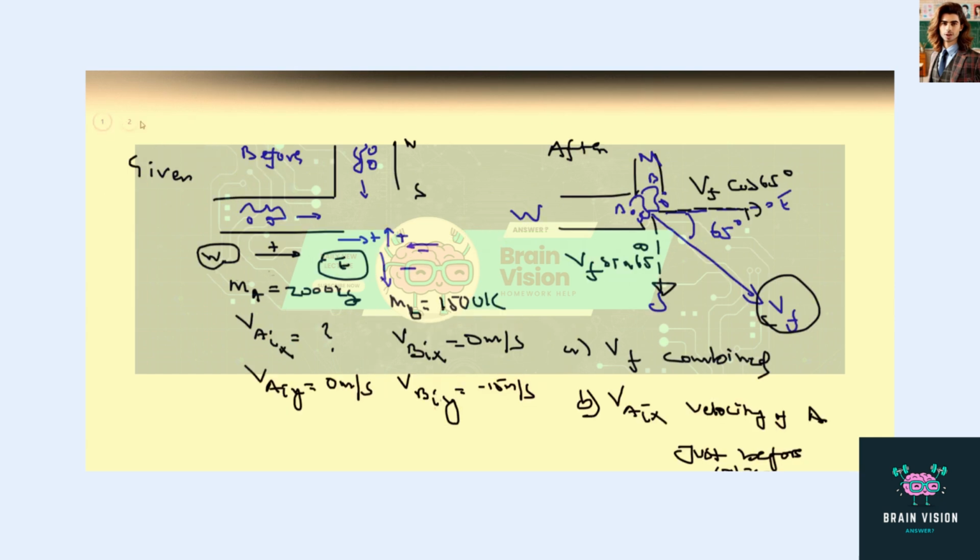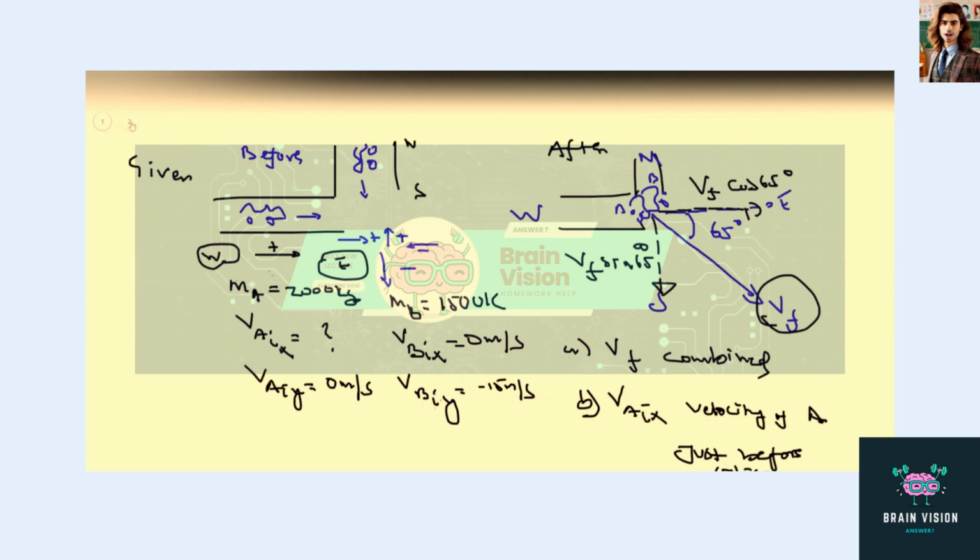We plug in the numbers. The mass of A, going back, is 2,000 kilograms. Maybe we should use Y for this one.